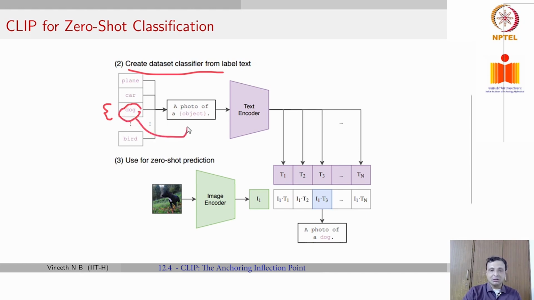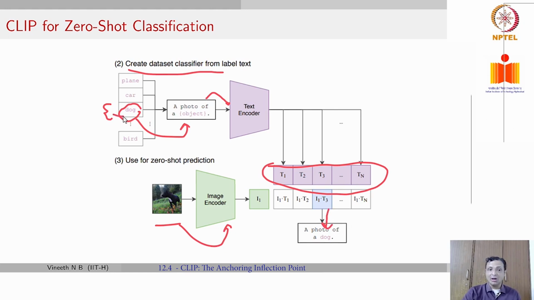You create a caption out of the dog that simply says a photo of a dog. Now you pass it through the trained text encoder. You take the image, pass it through the trained image encoder, and simply use your cosine distance between I1, the image, and all the text that you have so far. Take all the dot products, and wherever you have the highest dot product is where you have the highest similarity, and you simply give out that text label as the answer for the given image.